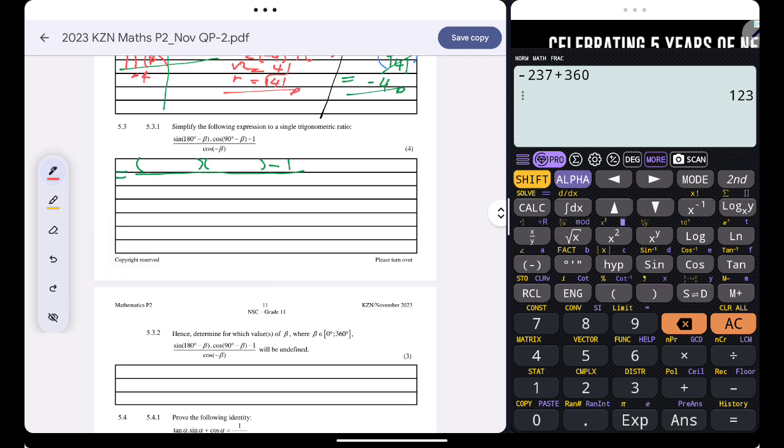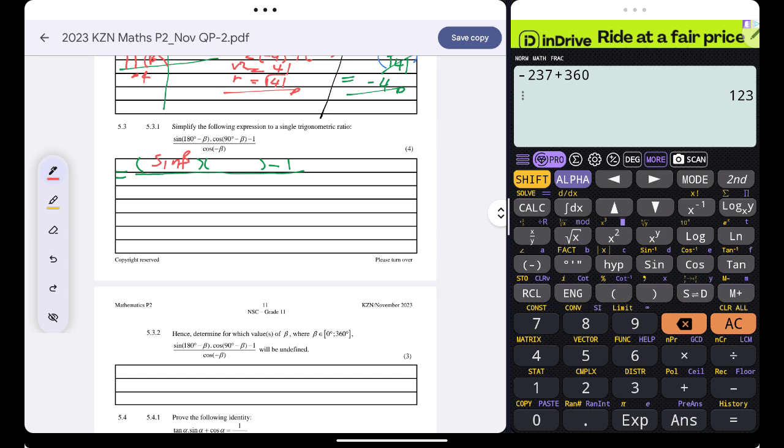Okay, let's go. 180 minus beta is an angle in the second quadrant and sine is positive there. So I'll simply write the sine of beta, right? And then I have cos of 90 minus beta.